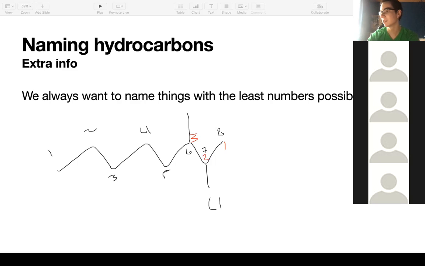That way it's 3 plus 2 as opposed to 6 plus 7. And so the top one equals 5, the lower one some number higher than 5, 13 in this case. So we're going to want to write it from right to left. And that's what that rule means. So we're always going to want to have the sum of the carbons be the lowest number possible. Does that make sense to everyone?